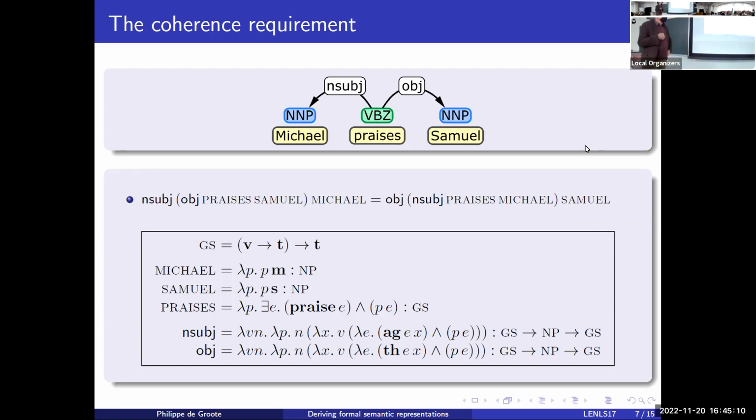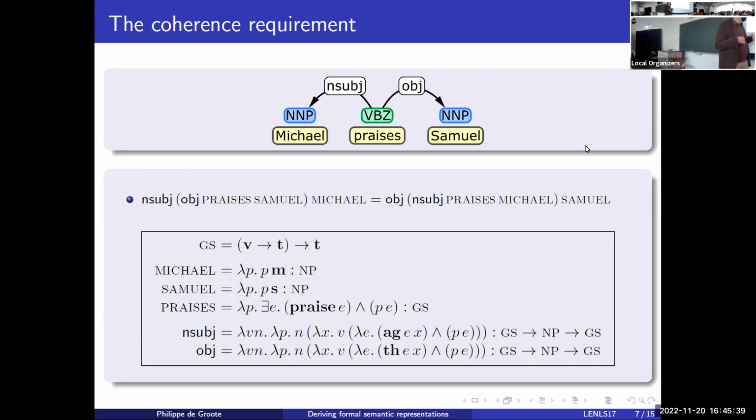My two dependencies might be a little bit involved to read, but what they say is that they're going to take a verb and a noun phrase.